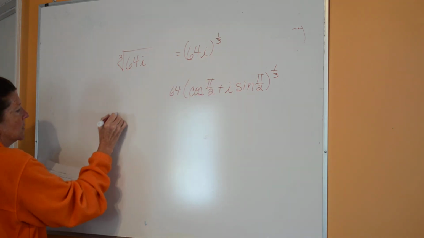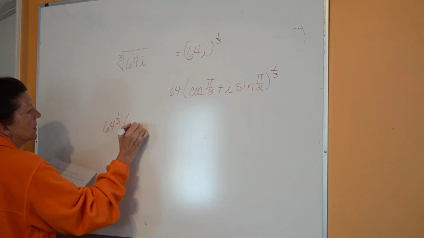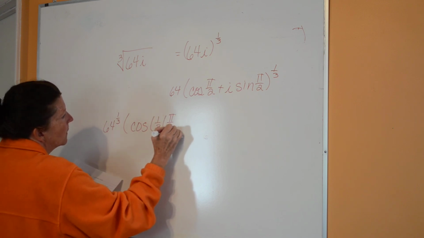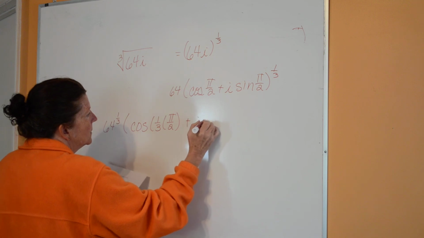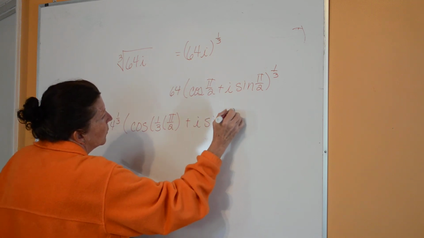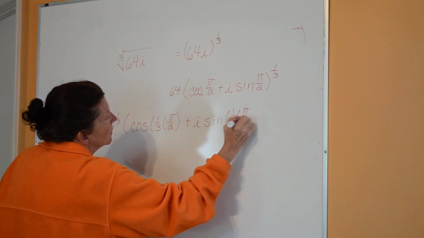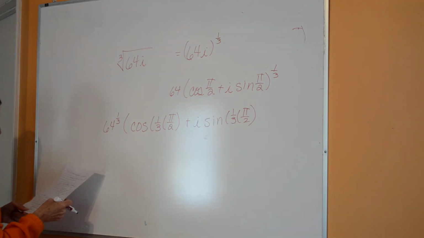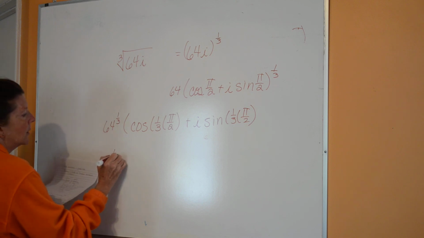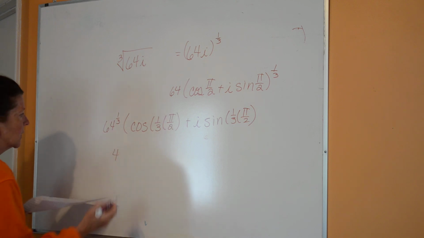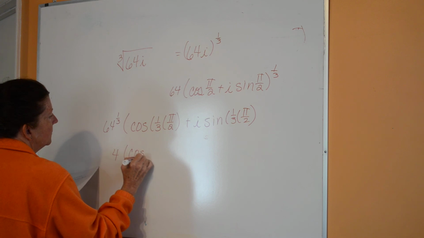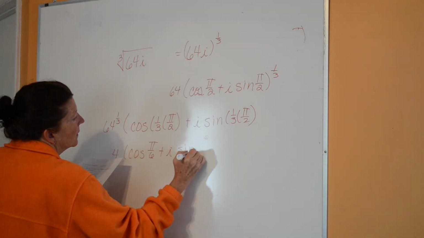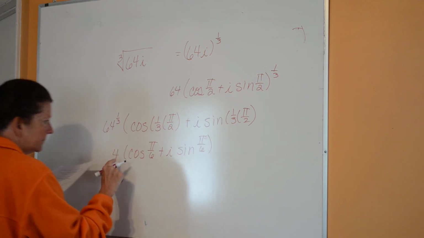So 64 to the 1/3 power times the cosine of 1/3 times pi over 2 plus i times the sine of 1/3 times pi over 2. And so 64 to the 1/3 power is 4, so the cube root of 64 is 4, times the cosine of pi over 6 plus i times the sine of pi over 6.